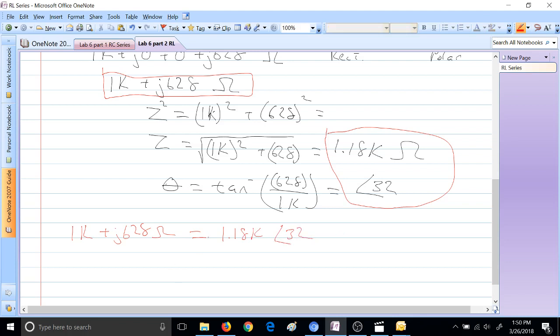Okay, so this will actually help you with the second part of the lab, 6.2, where we're doing the RL circuit. Again, just like we did before with the RC circuit, you have resistance, you're given the voltage, and you're going to have to calculate for current, right? Now your voltage will be at a 0 angle, so we have what, a 2 volt at an angle of 0.